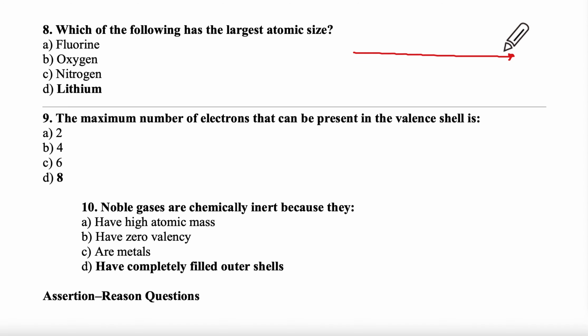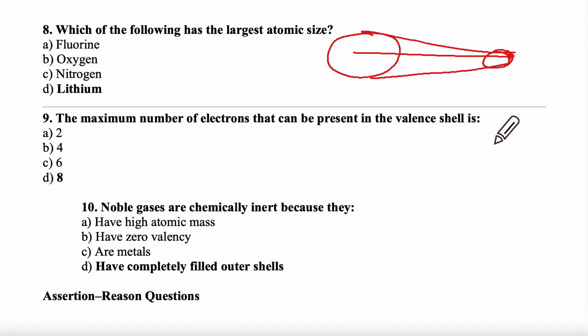I wrote the give reason, no? Atomic size decreases. What is the reason? As nuclear charge increases and number of shells remain the same, thus more force is experienced by electrons from the nucleus. Very good.